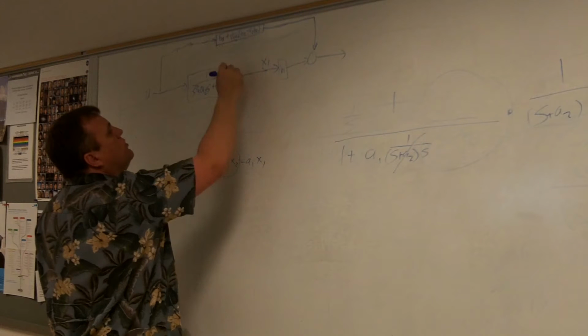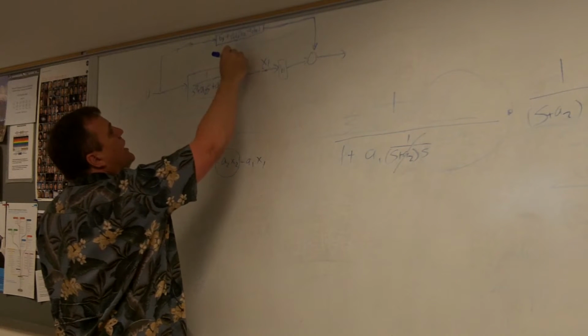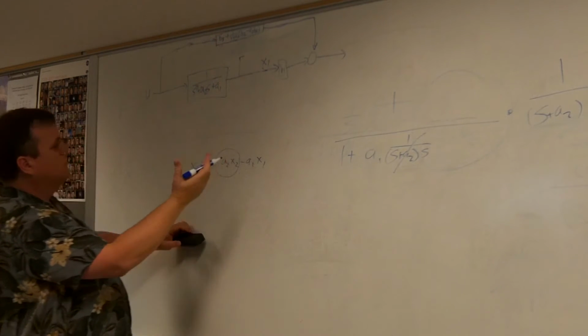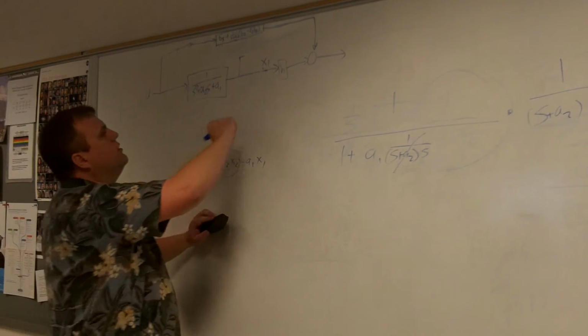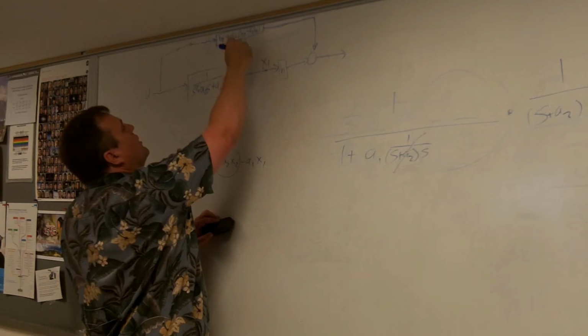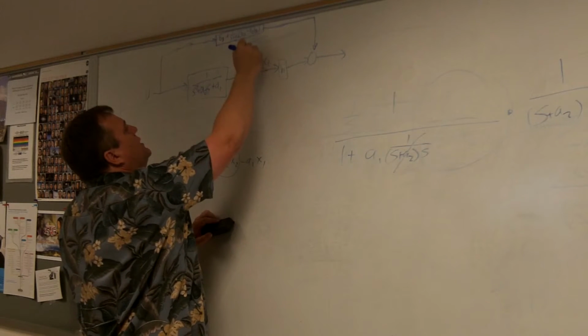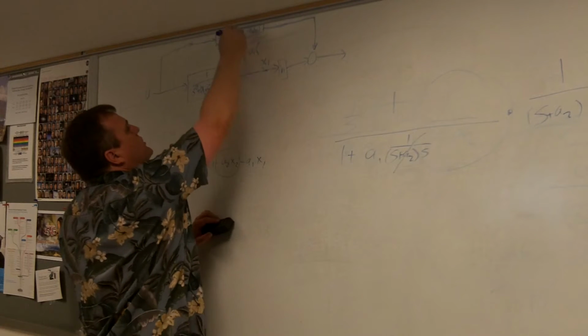This is equivalent to, and I had an A, I think it was A0, is that correct? Or was that A1? That was A1, okay. So I had, should be minus A1 times that whole mess up there.